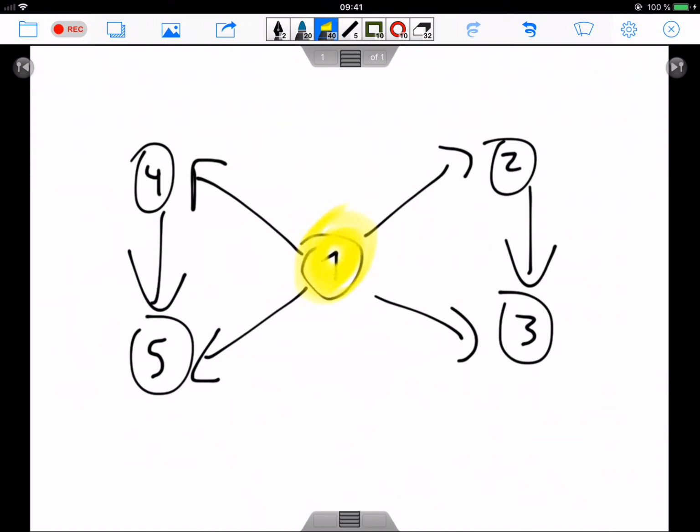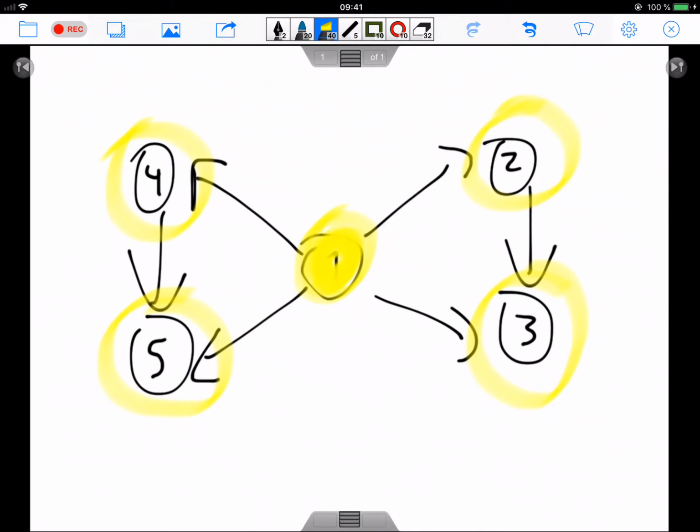So 1 is in a component by itself because no other vertex can reach 1. 2 is in another component because from 2 we can reach 3, but from 3 we cannot reach 2. 3 is in another component because from 3 we can only reach itself. And the same happens with 4 and 5.